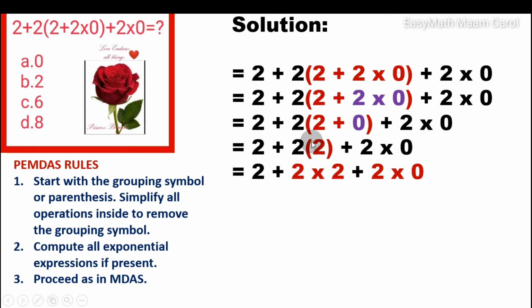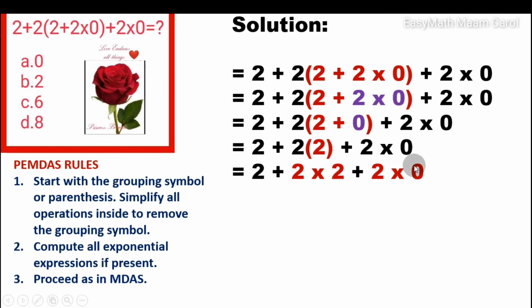I have removed the parenthesis as a grouping symbol, changed it into times 2 because that's the implied operation on this part. And then dito sa susunod, I made it red because according to MDAS rule, priority 1, we have on this line, we have to do multiplication or division working from left to right.